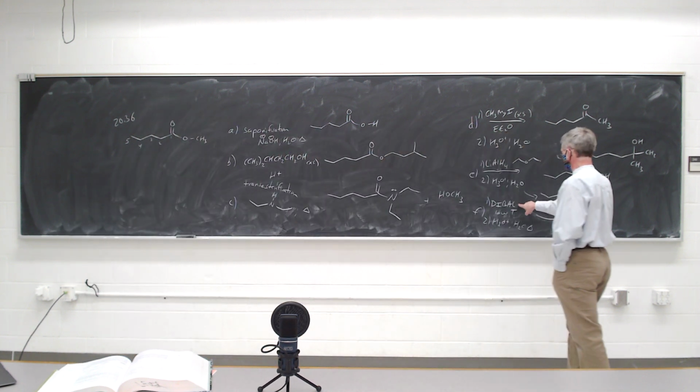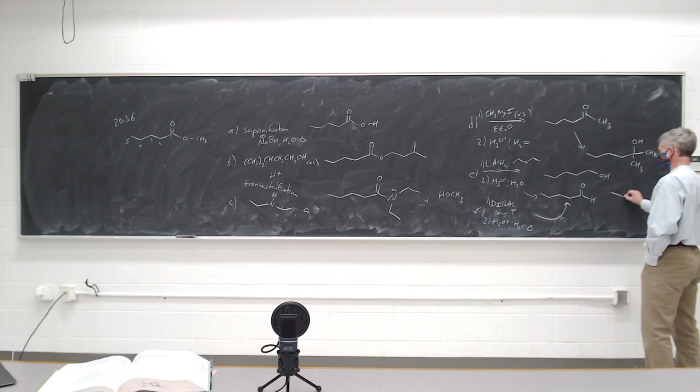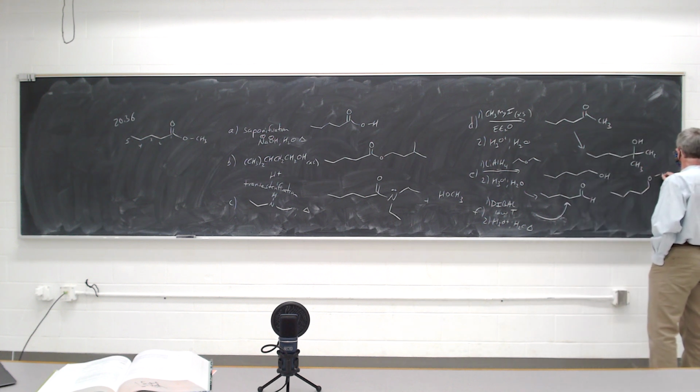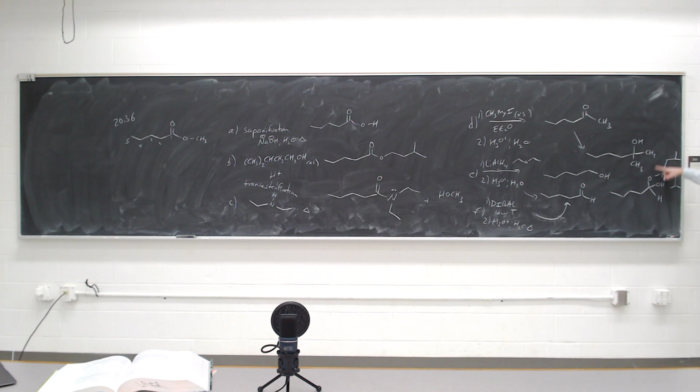The intermediate after the DIBAL step is actually that, which looks like a hemiacetal. And then the hemiacetal is cleaved with aqueous acid and heat to generate the aldehyde.